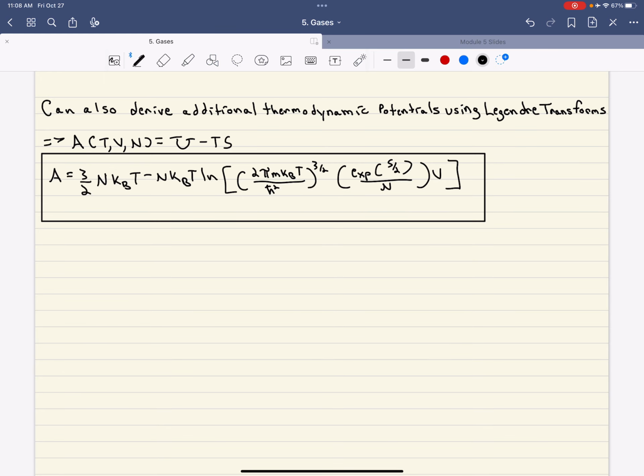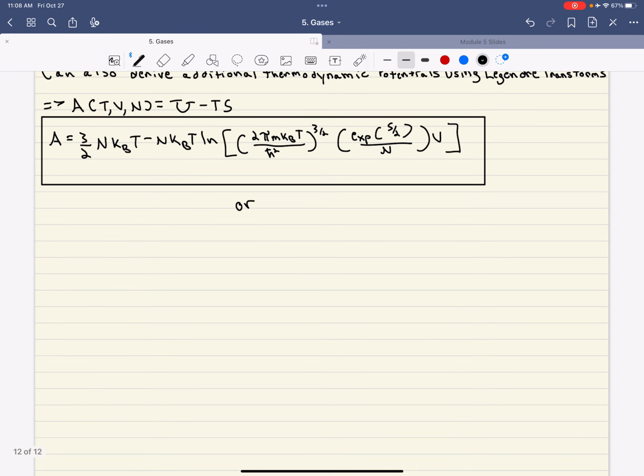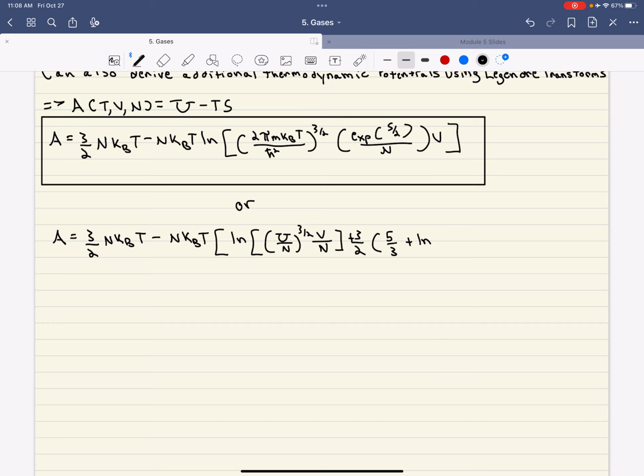Or we could use the alternative form of the Helmholtz energy that had the internal energy baked in. So 3 halves n kBT, ln of u divided by n to 3 halves v over n plus 3 halves, there's a 5/3 here, plus ln 4 pi m over 3 Planck's constant squared.